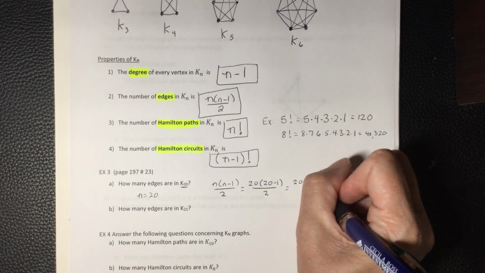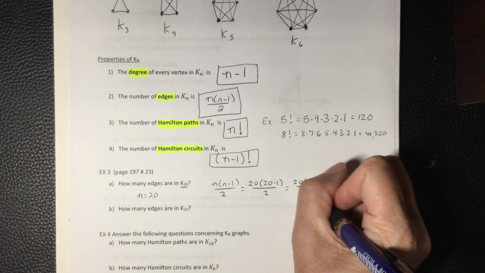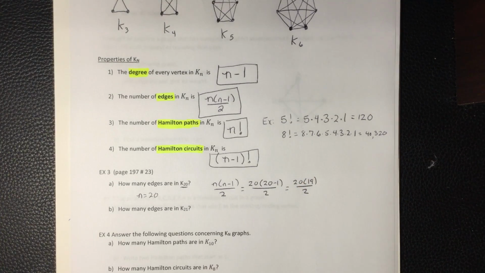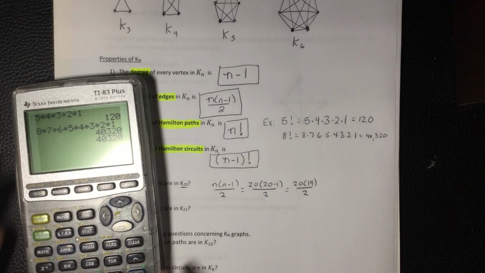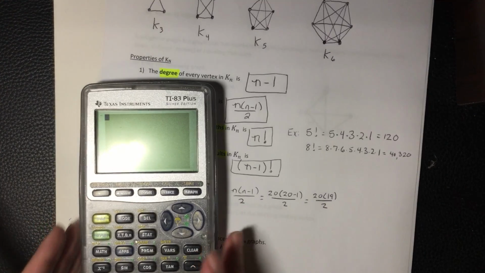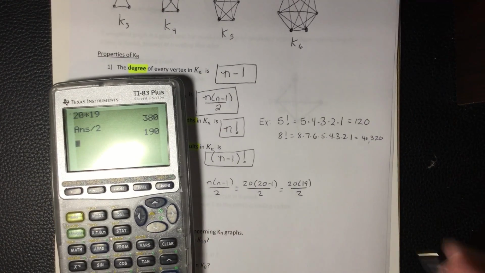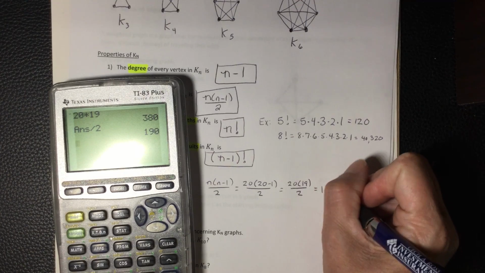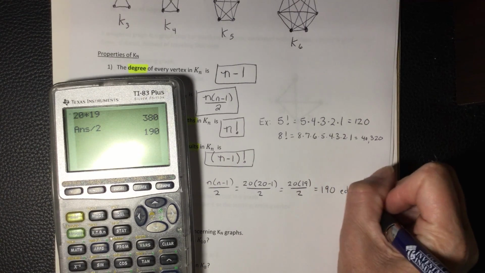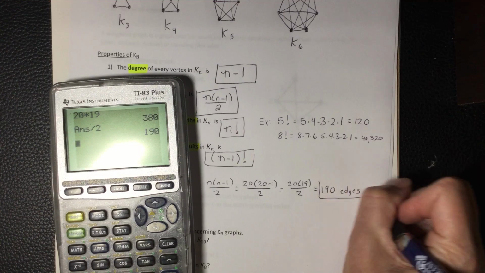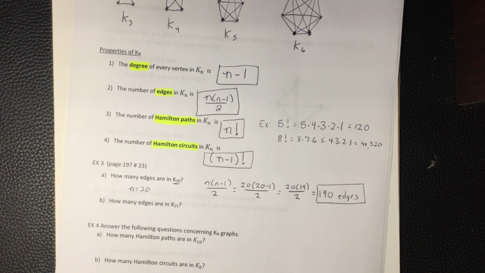If we follow our order of operations, do our parentheses first. That's 20 times 19 divided by 2. Okay, so 20 times 19 divided by 2, that gives us 190. So we have 190 edges in the complete graph that has 20 vertices.